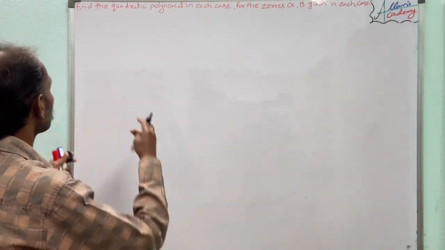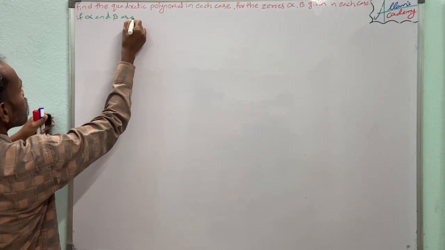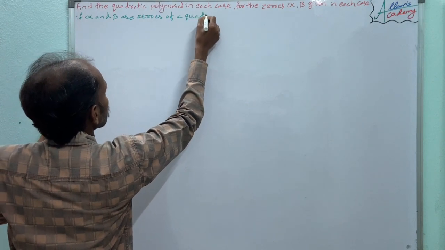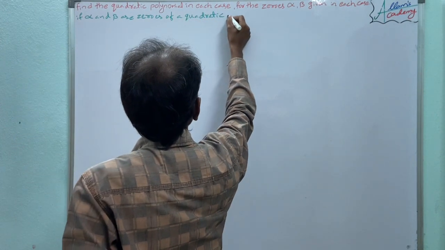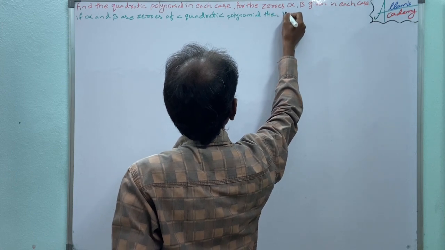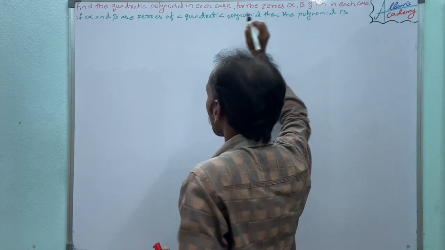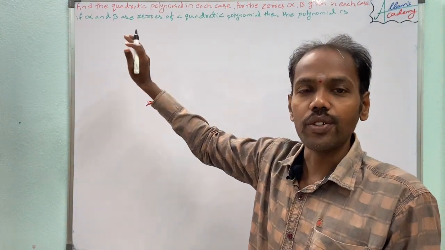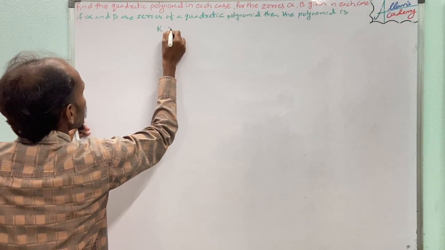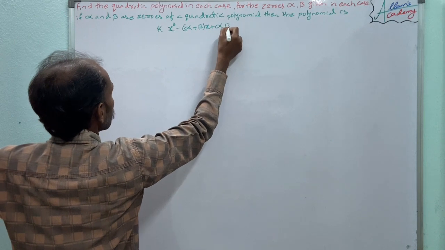So if alpha, beta are the zeros of a quadratic polynomial, then the polynomial is, as we already said, k into x² minus (alpha plus beta) x plus alpha beta.